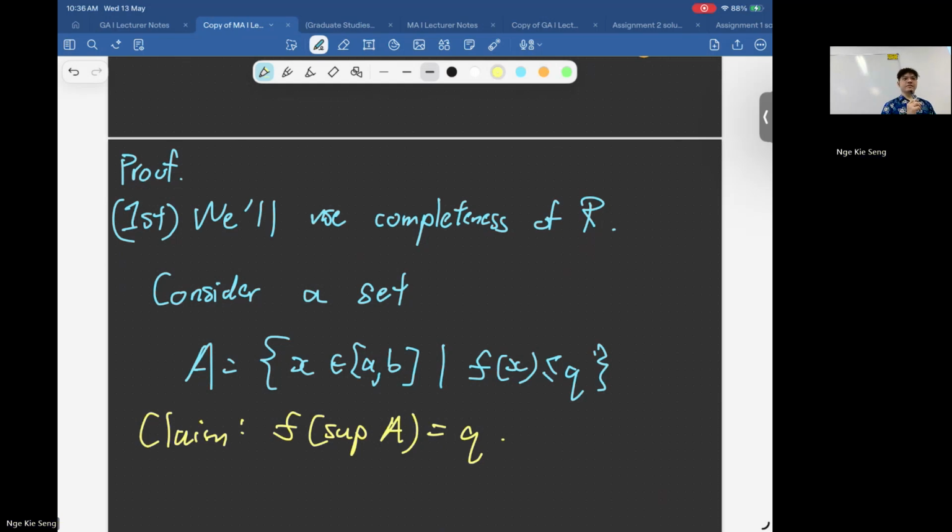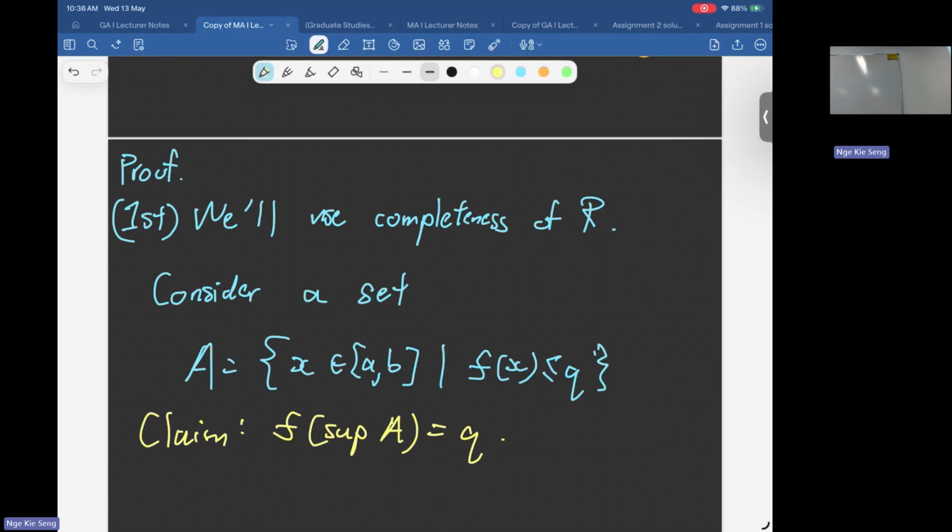I look for the points in the domain, and then I evaluate f(x) to see whether it is less than or equal to q. If yes, I put it into this set. Then I claim that there's a supremum here, and then this supremum evaluates to q.